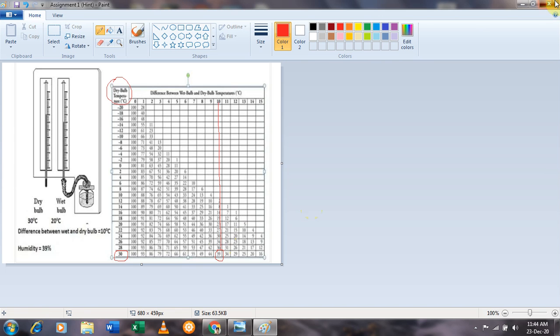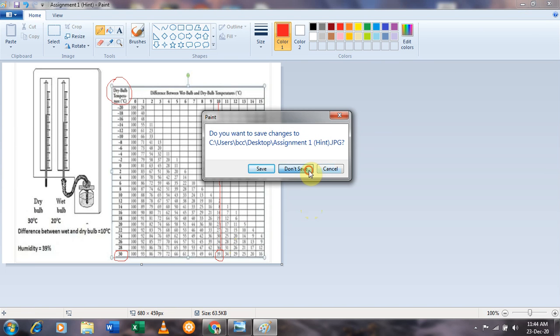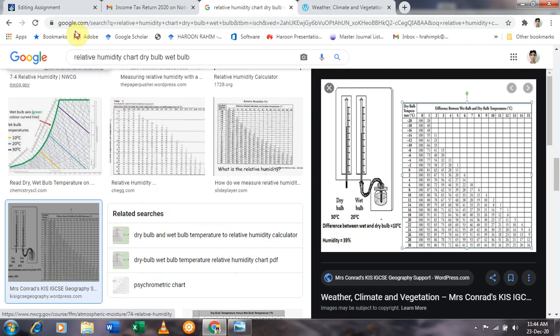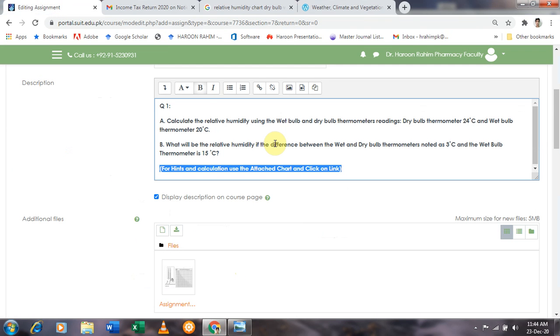And similarly you will solve these two problems.